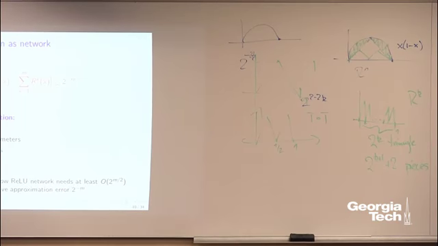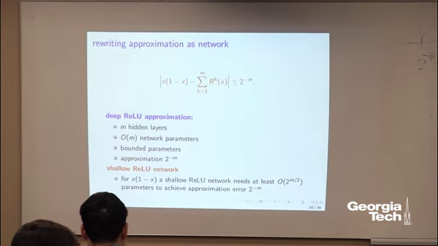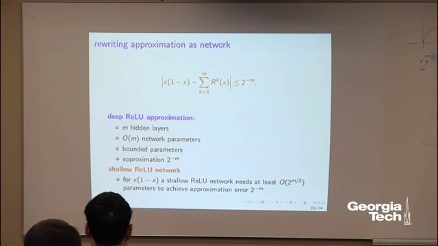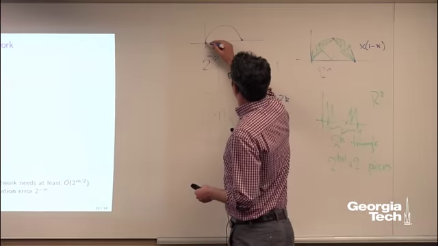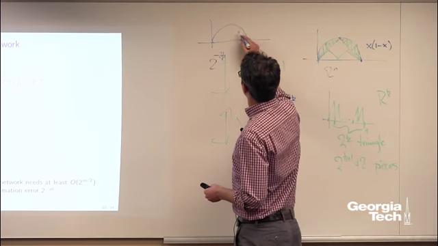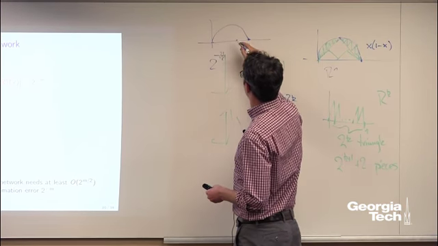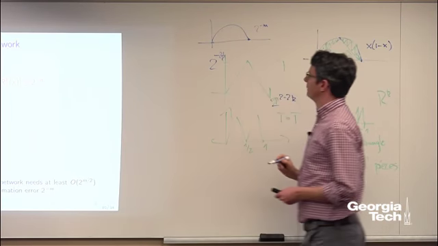And the number of pieces in one layer is just tied to the number of units in the hidden layer. Every unit in the hidden layer gives you one additional piece. So all you have to do is find a lower bound on how many linear pieces you need in order to get a piecewise linear approximation to quality 2 to the minus m.